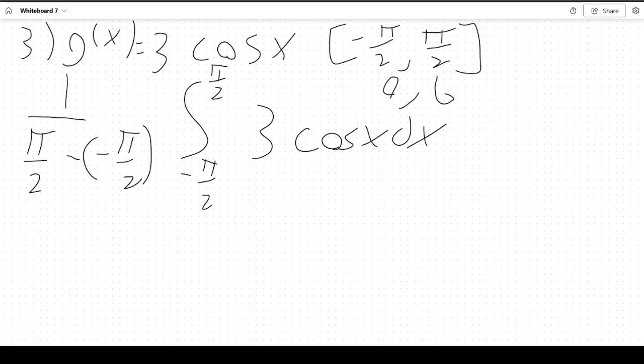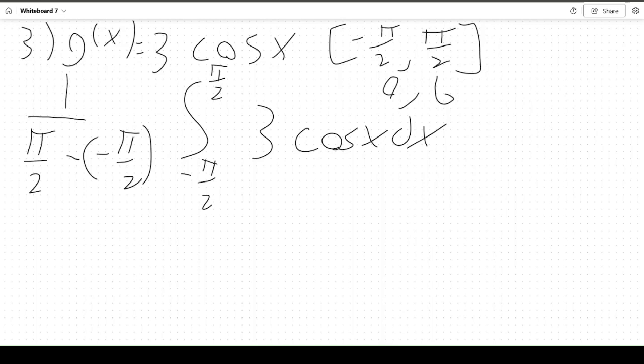The integral of cosine is going to be sine, because from our table of trigonometric identities, it's going to be shown there, but not in this video, but in another video I'll explain it later. But for now, all you need to know is the integral of cosine is sine.